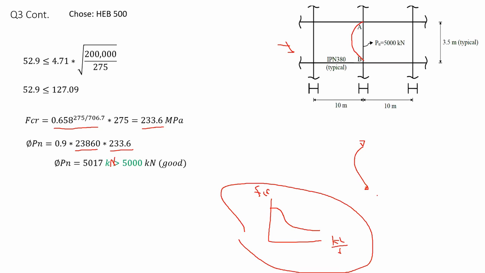Hocam, but we already checked slenderness. Isn't it enough? That's not enough. That's something you do in order to decide which equation for Fcr you will use: either 0.658 to the power Fy over Fe, or 0.877 Fe if KL over r was bigger.